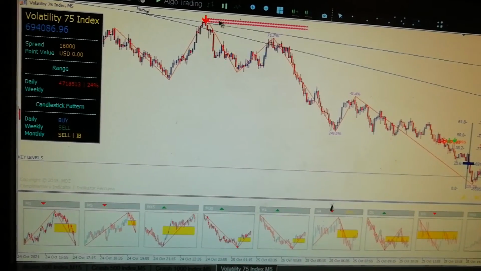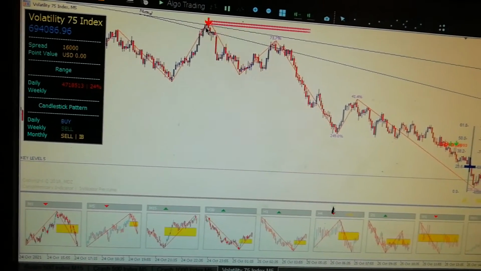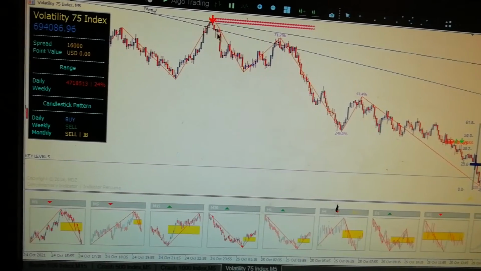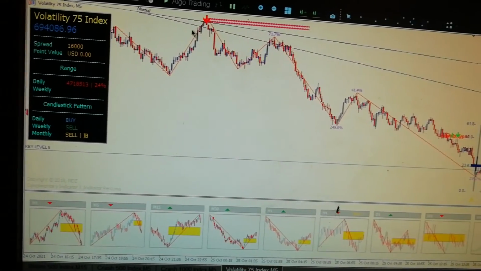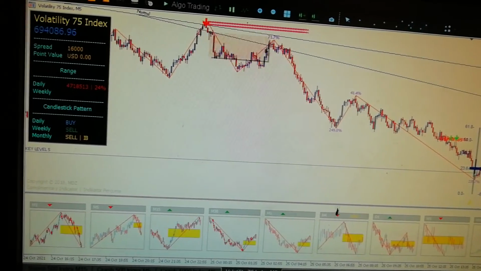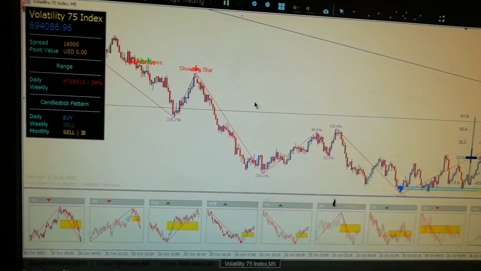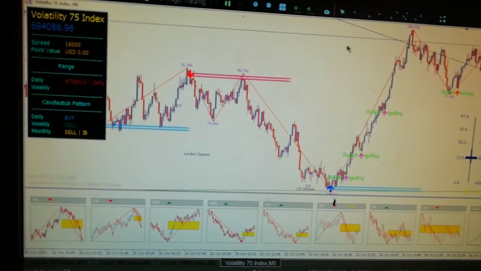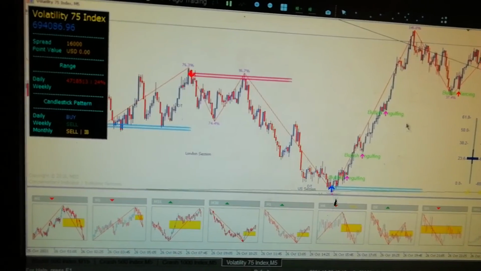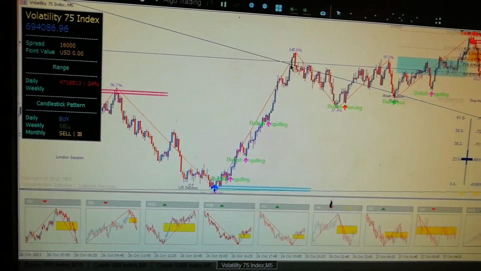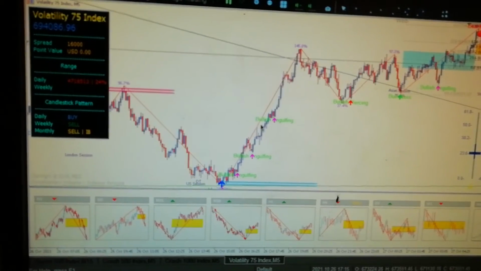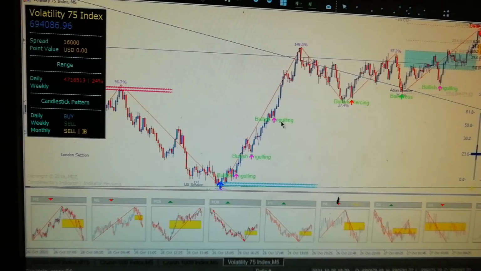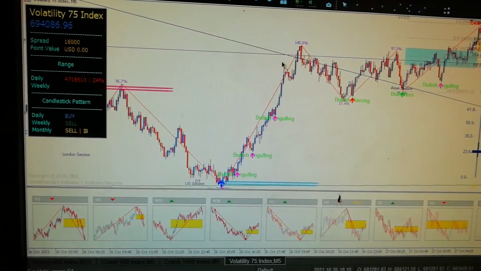Then the system gave us an arrow which was indicating a sell, and as you can see, it dropped. So if you don't get this arrow from the system, we get some confirmations. Some confirmations are a bullish engulfing or a bearish engulfing, which indicates direction. As you can see, here we got a bullish engulfing, and it bought.